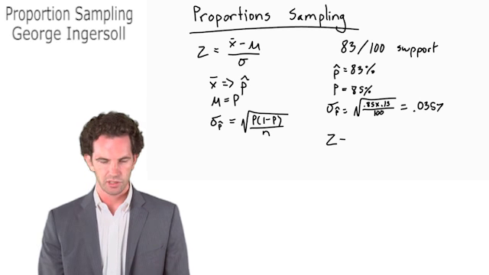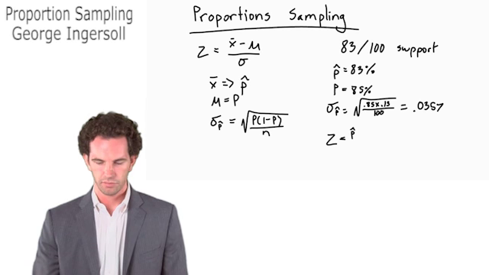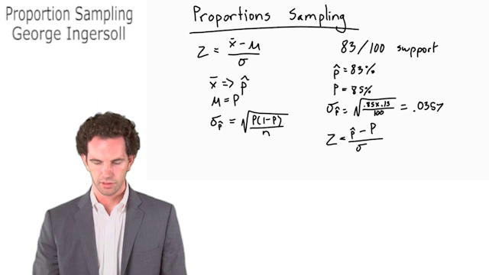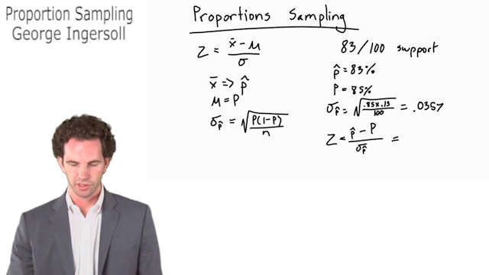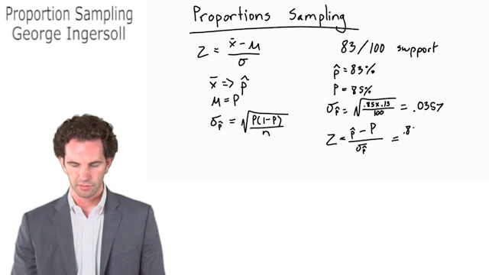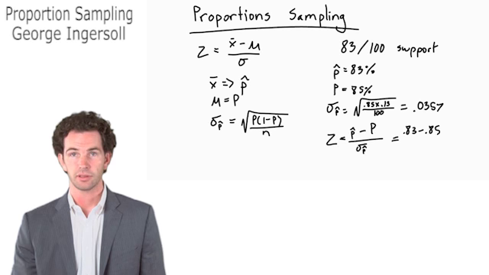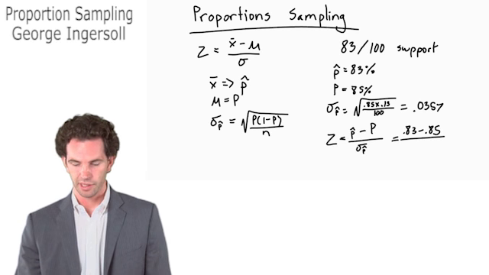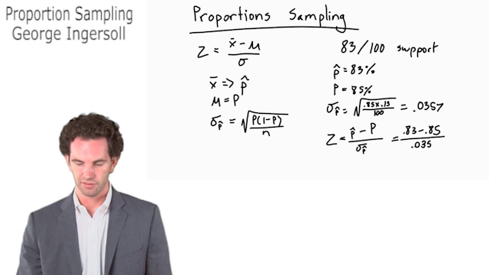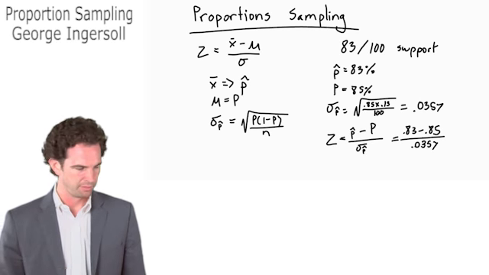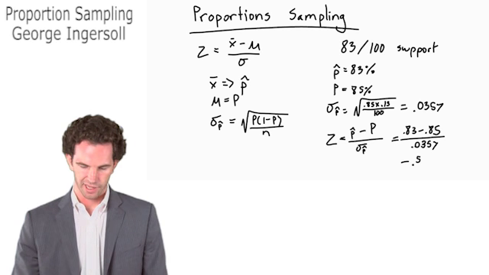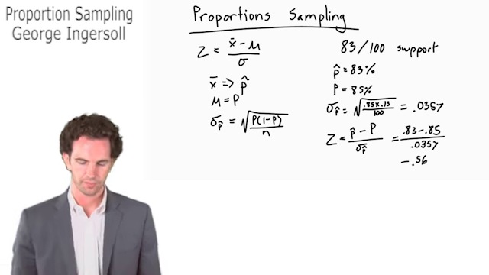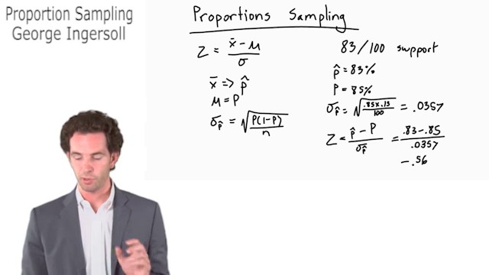So we use Z equals p hat minus P divided by the standard deviation of our proportion, and that's going to be equivalent to, in this case, 0.83 minus 0.85 divided by 0.0357. All right, and my math gives me negative 0.56. And that's our Z value, negative 0.56.